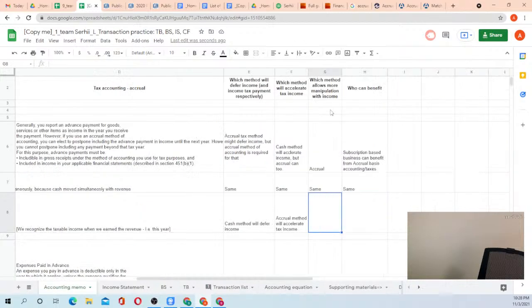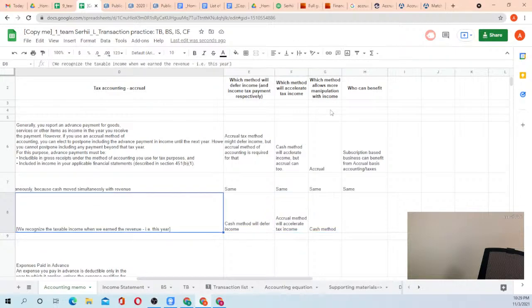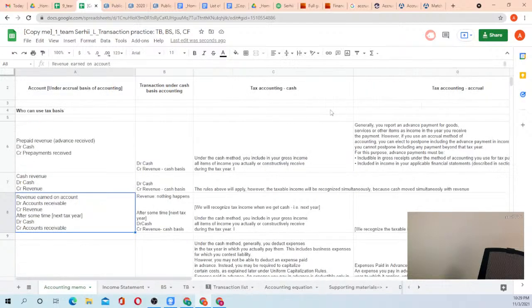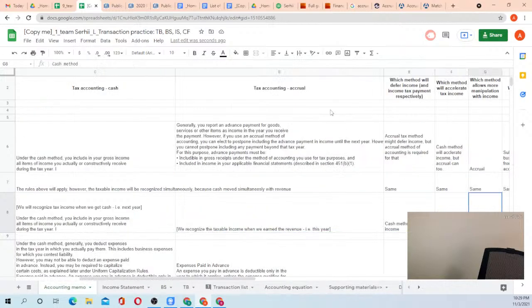So more manipulation is available with the cash method. Now that manipulation will be a bit limited, because we have a field to manipulate only as far as we have any power over our customers. If we can manipulate the timing when they pay us, we can manipulate our income.